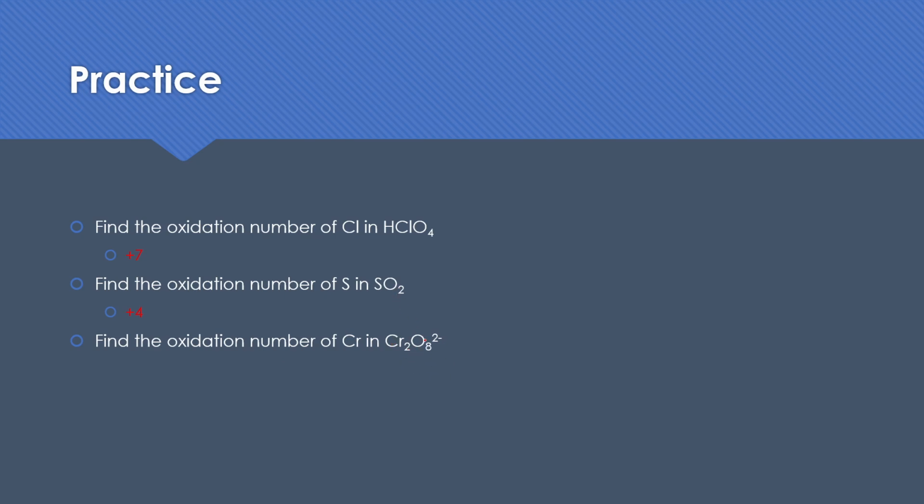Here I've got -2 from oxygen, so -16 from the oxygen, and it has to equal -2. I've got 2 chromium, so 2x. So 2x equals 14. x equals 7.